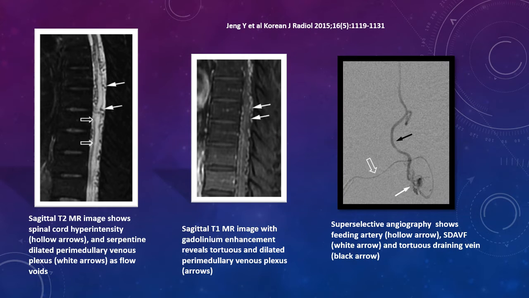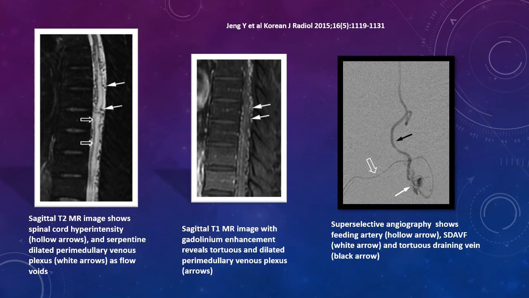In this slide, the first image is a sagittal T2 MR showing spinal cord hyperintensity and serpentine dilated perimedullary venous plexus as flow voids. The second image is a sagittal T1 MR with gadolinium enhancement showing tortuous and dilated perimedullary venous plexus.